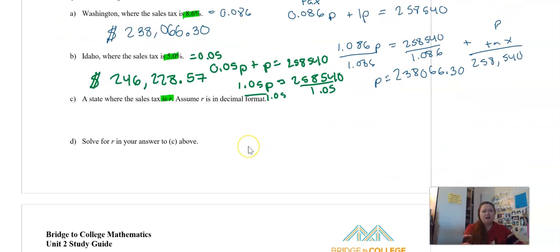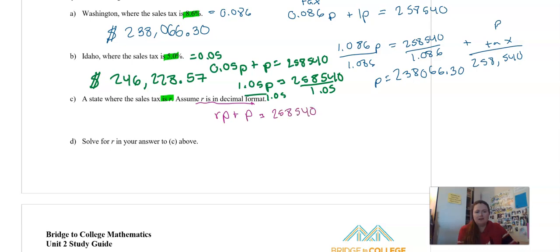So now it's asking us, well, what about if it's just any state, and R is already in decimal format. So now we're going to do what we've been doing, right? R is now what we put instead of the tax. So we're going to have RP plus P equals 258,540.